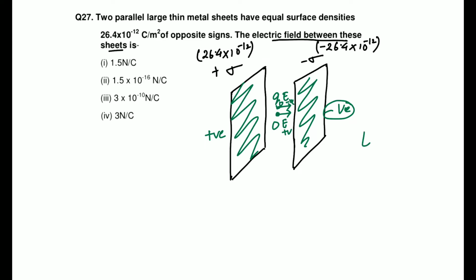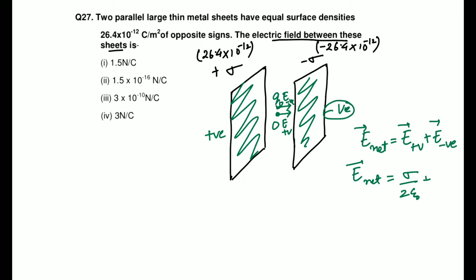So the net electric field inside will be simply equal to E because of the positive plate plus E because of the negative plate. Is that a yes or no? Now I know the value of the electric field at the surface of a metal sheet. I already know the value is sigma upon 2 epsilon naught.